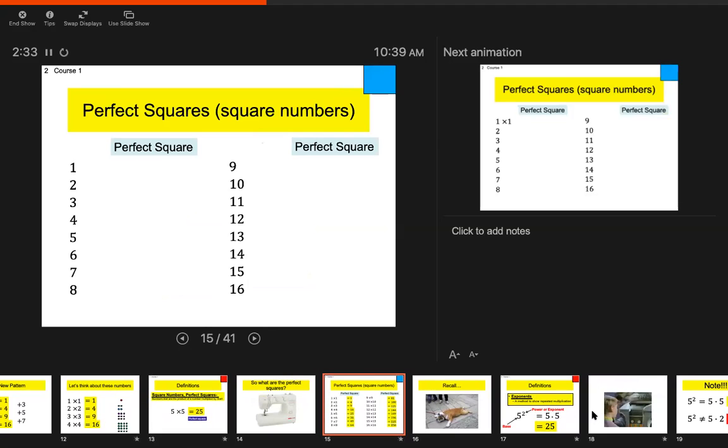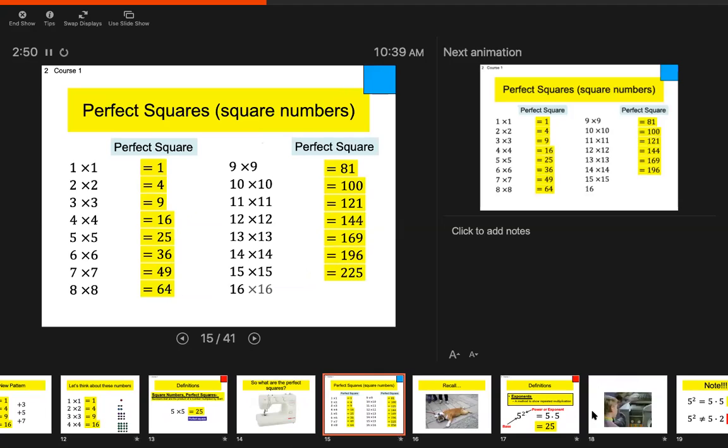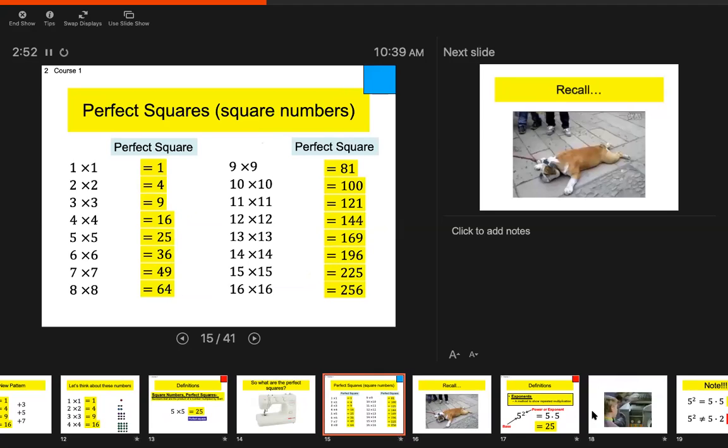I had you in that one box write down the first 16. Technically, this is the first 17, because 0 times 0 is 0. I just left that one off. These are the first 16 perfect squares. In yellow are the perfect squares. This was that box 2 from the class period. I said, these are the ones that you need to have on a resource card or know where they come from or be able to recreate.